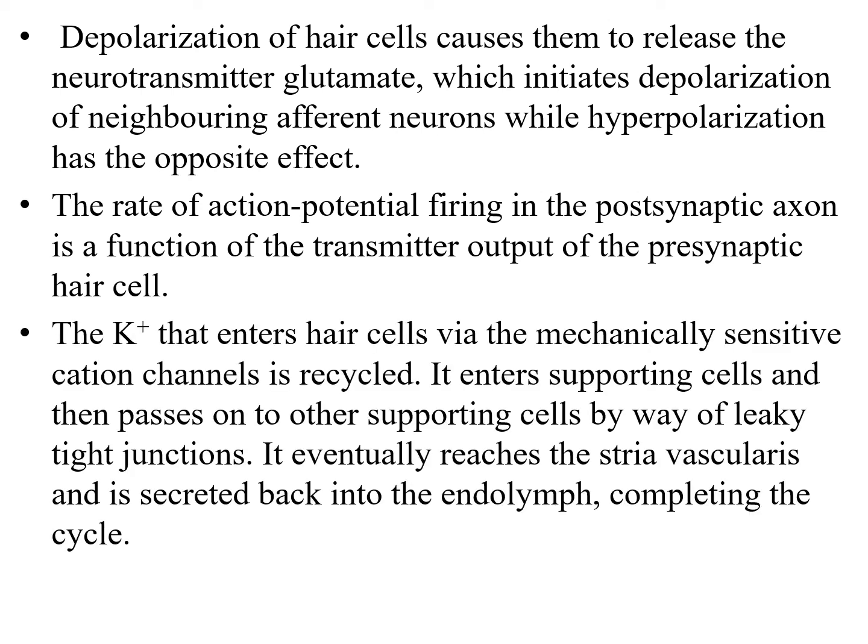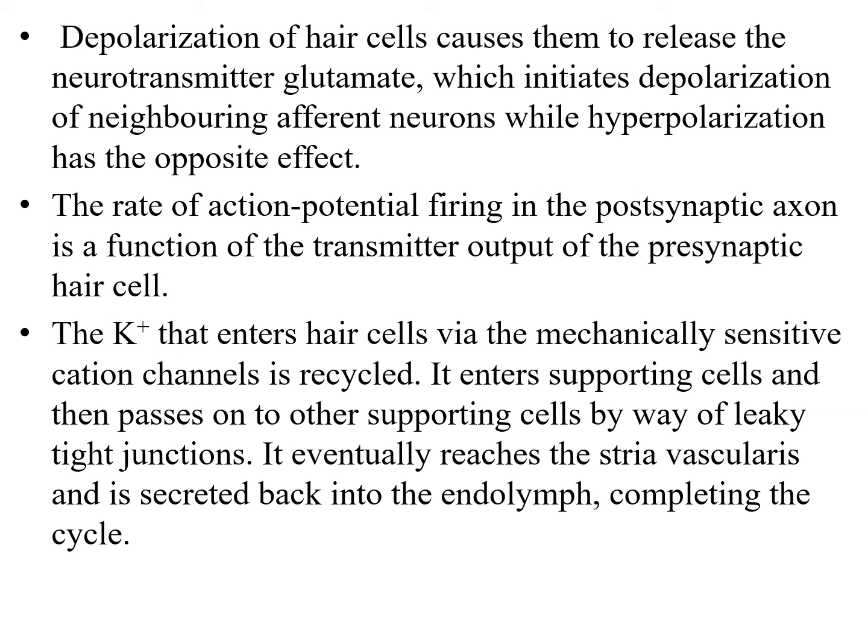What happens to the potassium that enters the hair cells? They are recycled. First of all, they enter the supporting cells and they pass on to the further supporting cells by way of leaky tight junctions.